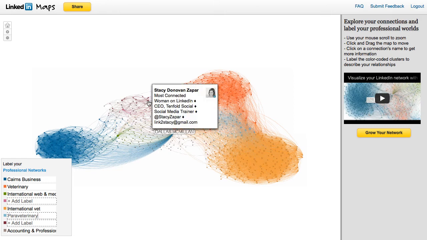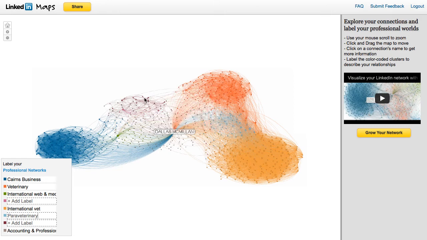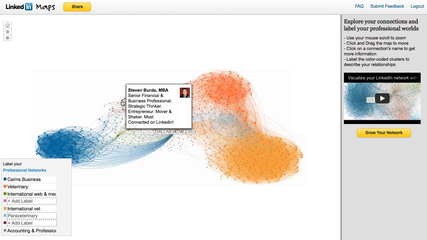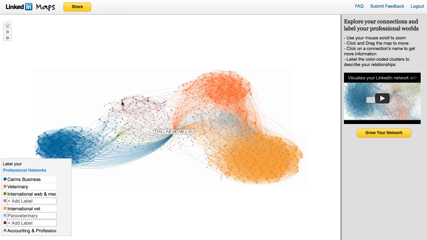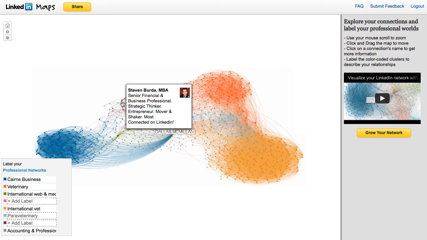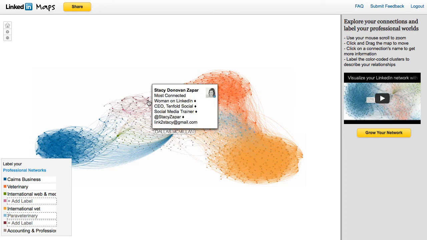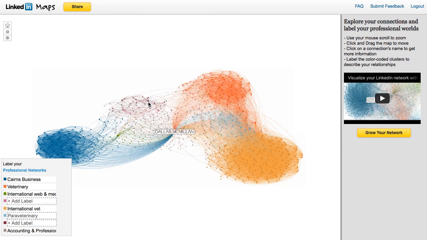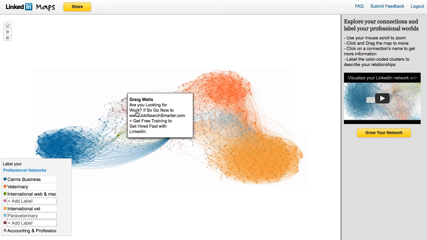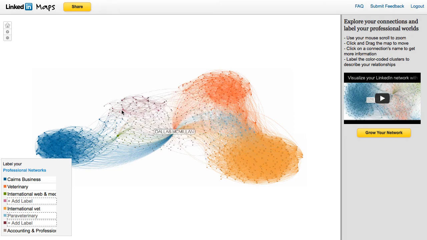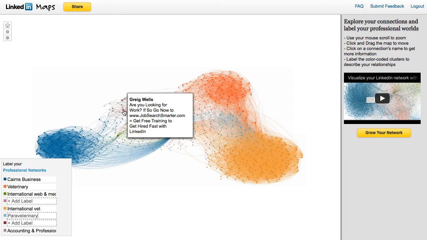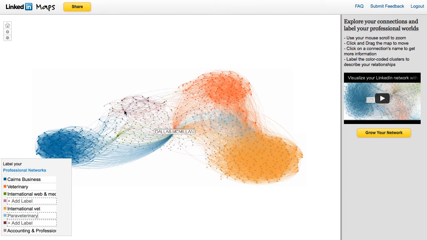And a little red area here. And look, I know a few of these people by name, like Steve Berta, one of the most connected people on LinkedIn, 30,000 connections, and Stacey, we just saw, most connected woman on LinkedIn. So these purplish ones here, they are super connectors, I think we'll find, and they're probably mostly involved in the recruitment industry, because they tend to really be heavily into LinkedIn.